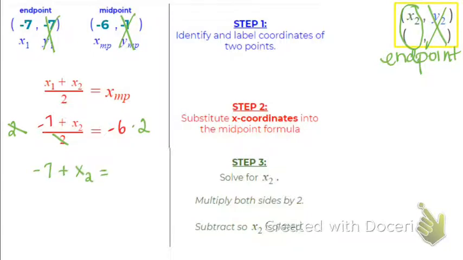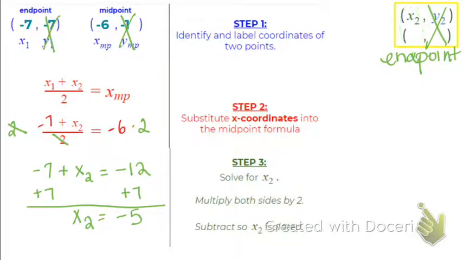And that equals -12. Now I can solve and figure out what x2 is by adding 7 to both sides. When I do that, I get -5. So I know now that this endpoint x coordinate is -5.